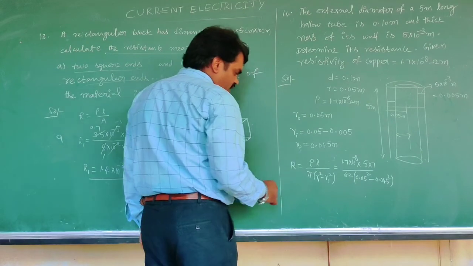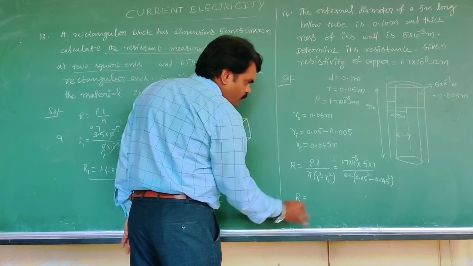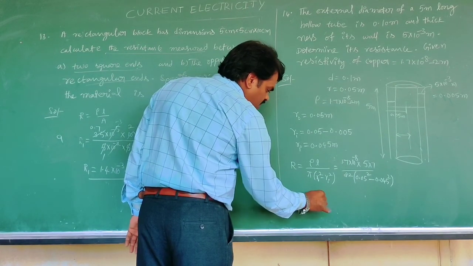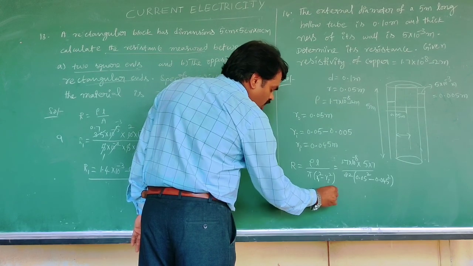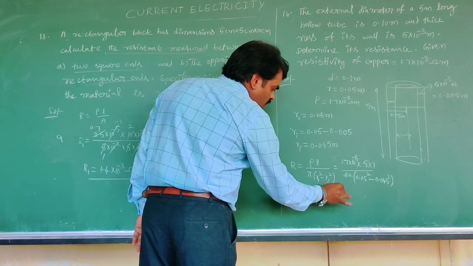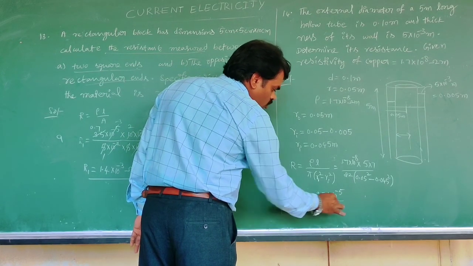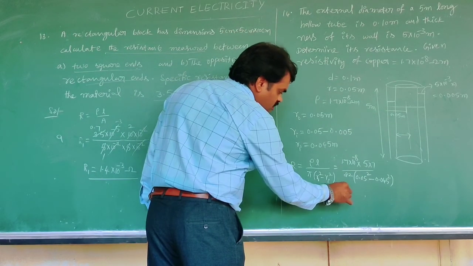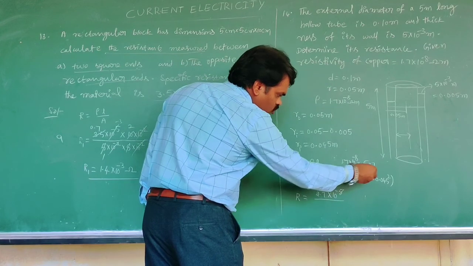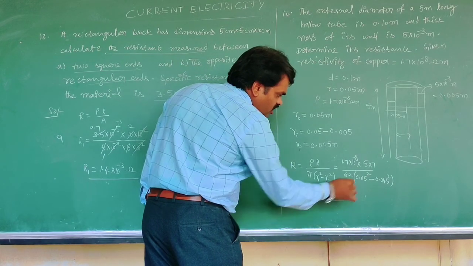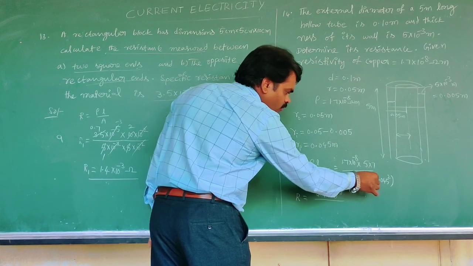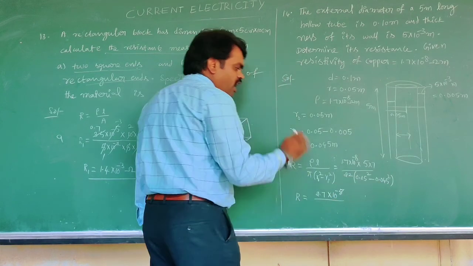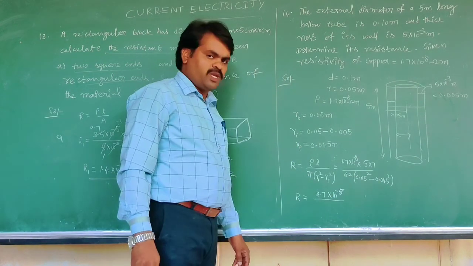Inner radius means this is for this wall. Now calculating this, R is equal to 2.7 into 10 to the power of minus 5 by this. We use the a square minus b square formula, a plus b into a minus b.